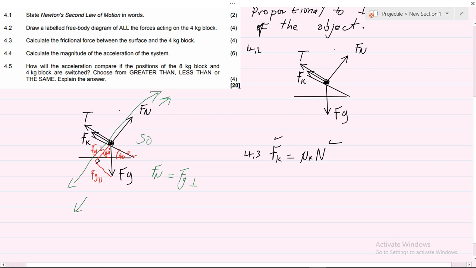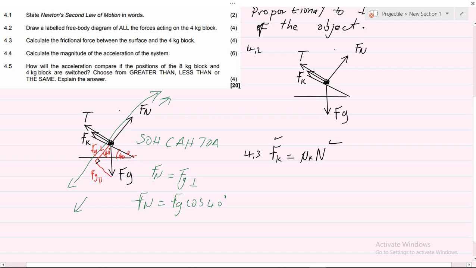We have SOHCAHTOA. We use Fg the hypotenuse and the side Fg perpendicular. It's obviously cos. So Fn is equal to Fg perpendicular, which is given by Fg cos 40 degrees.